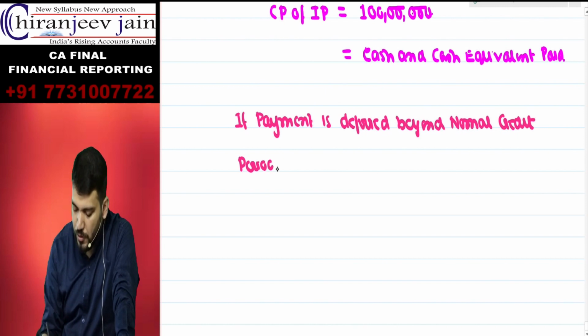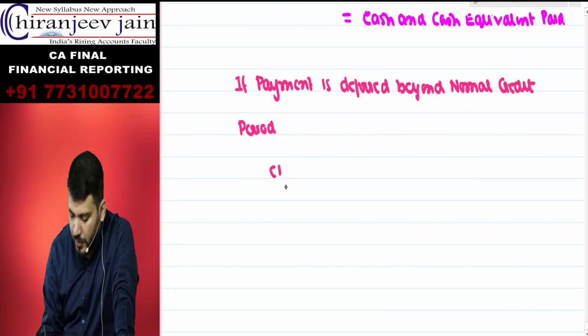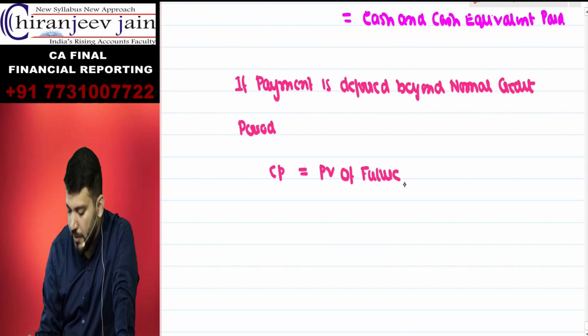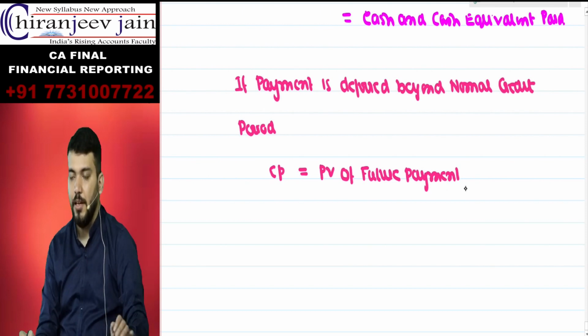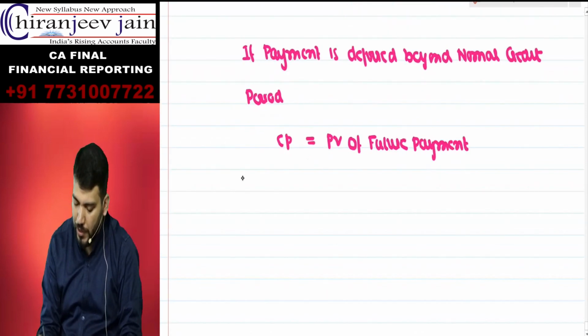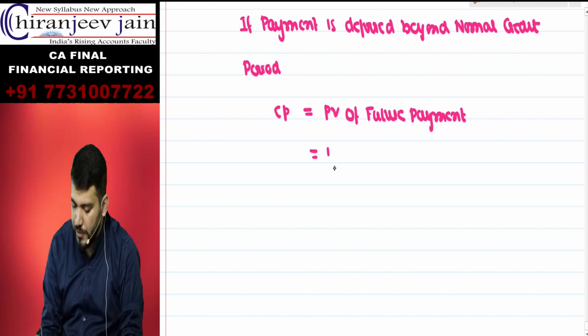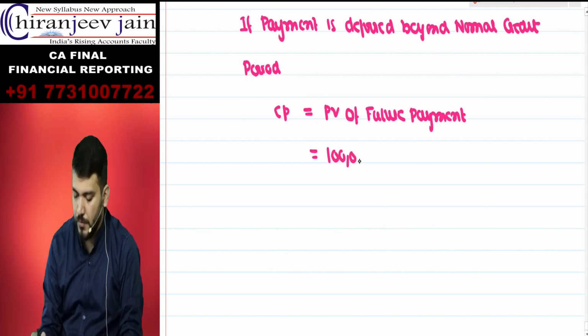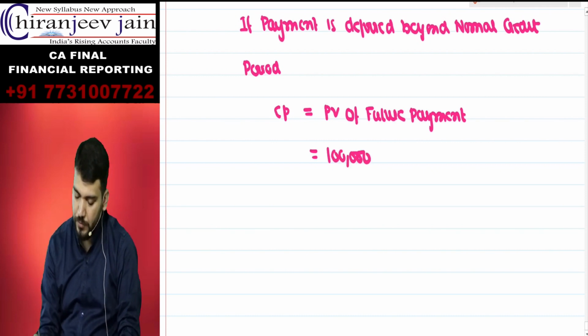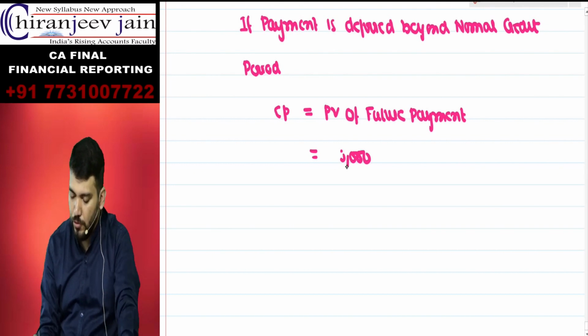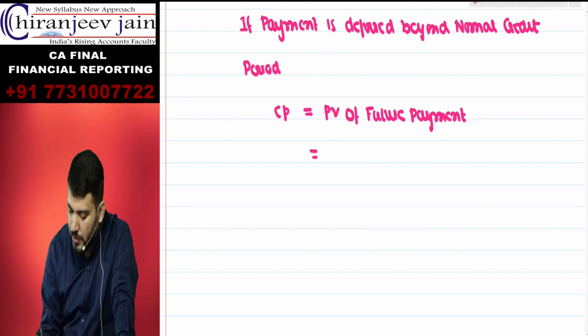Then cost price will be equal to present value of future payment. Present value of future payment, which will be equal to what? 1 crore only, which will be equal to 1 crore. Means the answer remains the same.